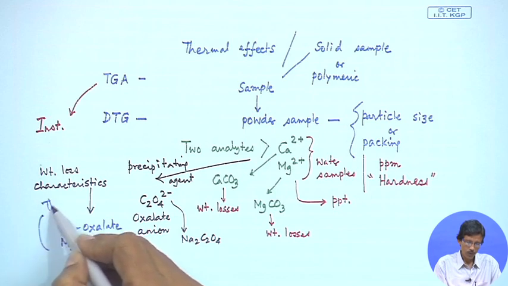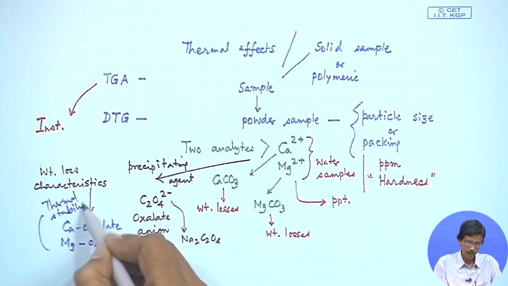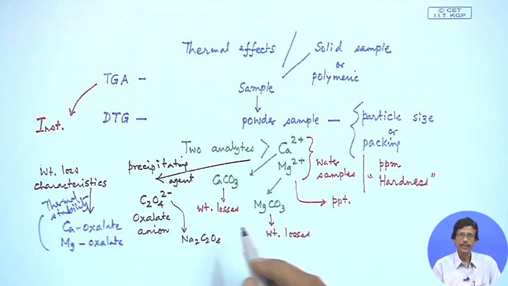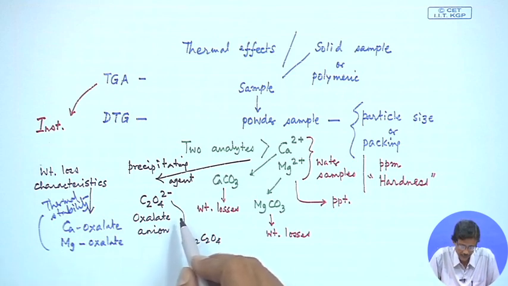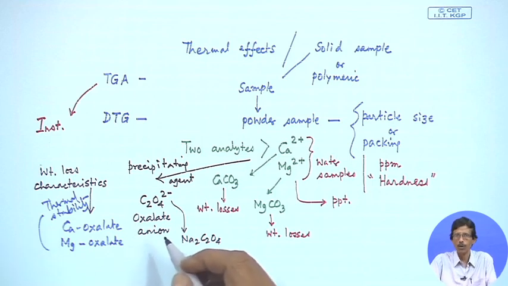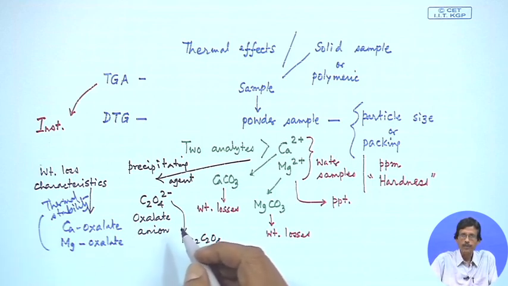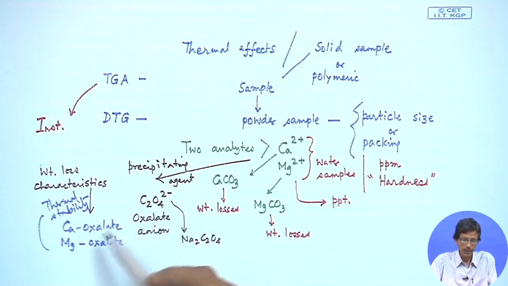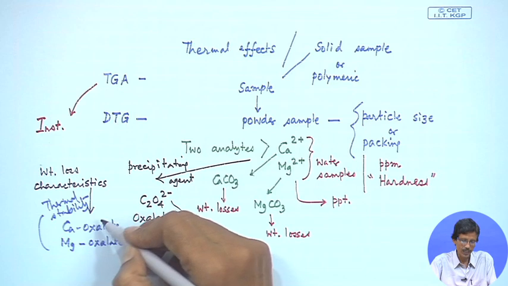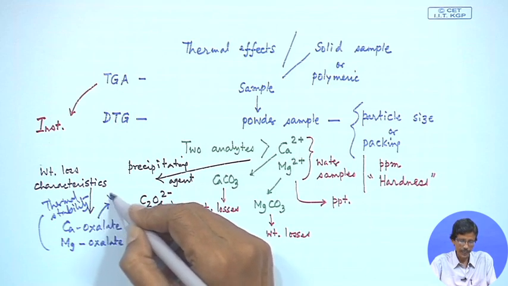So, first thing we can see is their thermal stability, and as I discussed in some of our previous classes, when we add some precipitating agent, the separation of calcium and magnesium oxalate takes place from the solution medium, if it is insoluble in that water medium or the aqueous medium where we do the reaction. So, in that particular beaker, the solid separating out is calcium oxalate. So, these are very fine precipitates.